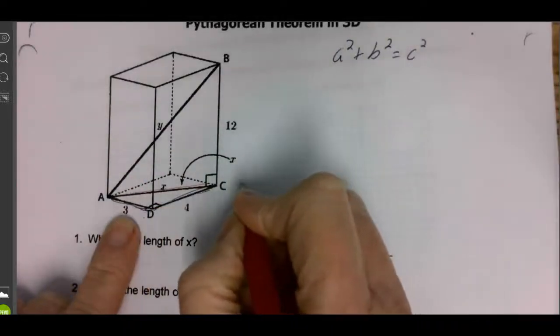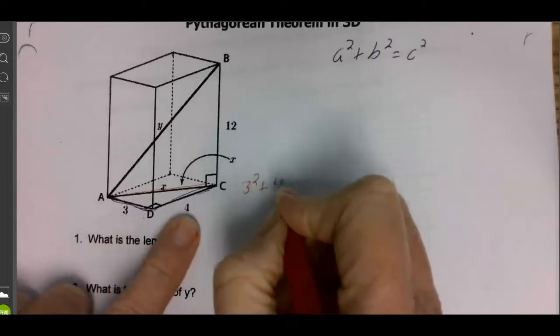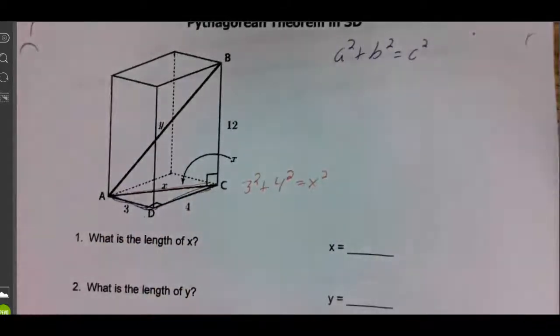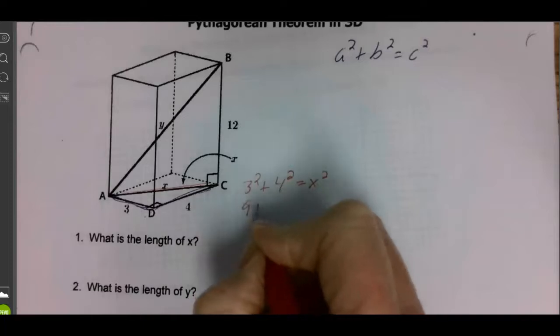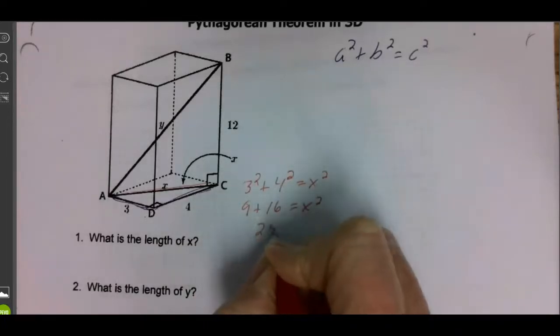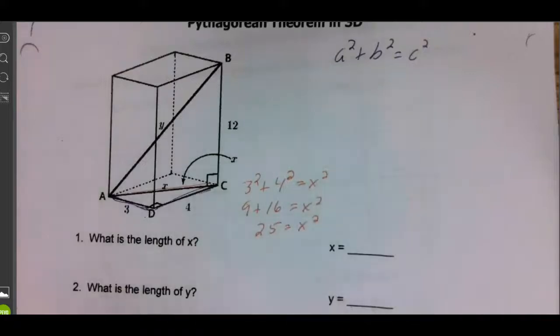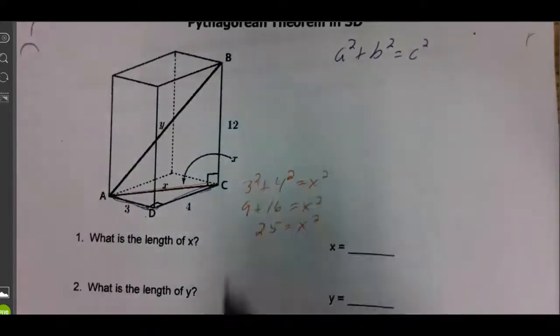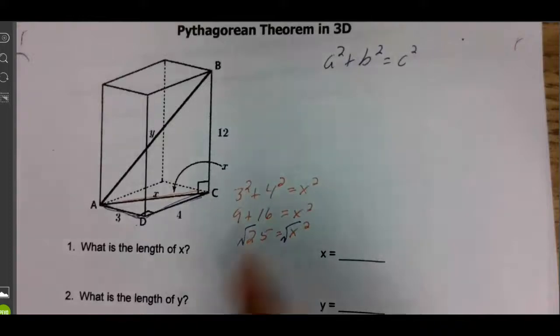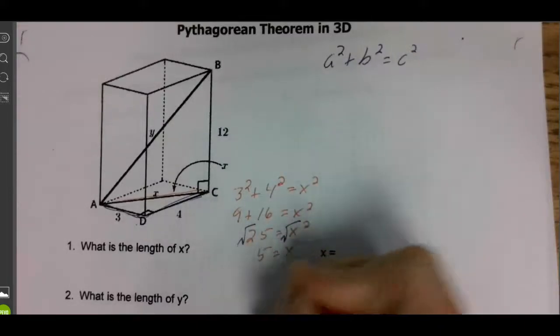We know that one leg is 3, one leg is 4, and we don't know the hypotenuse, which is x. So we plug that in, we get 9 plus 16 is equal to x squared. Combine those, we get 25 is equal to x squared. What do we do now? That's right, we take the square root of both sides, and we get 5 is equal to x.